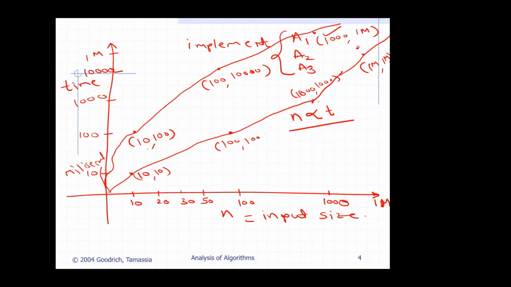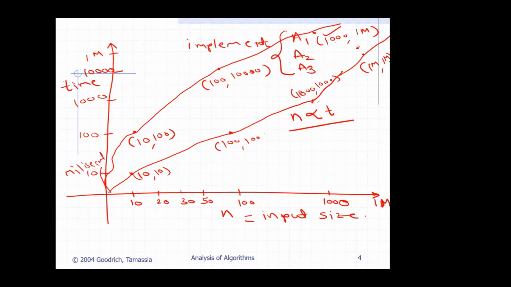So what is the relation here between n and time? How is the time increasing? What is the relation between 10 and 100, 100 and 10,000, 1000 and 1 minute? Is there a relation between these numbers? N square, yes.